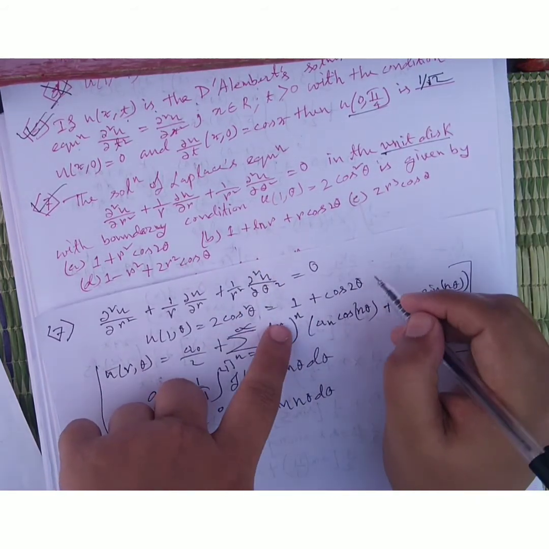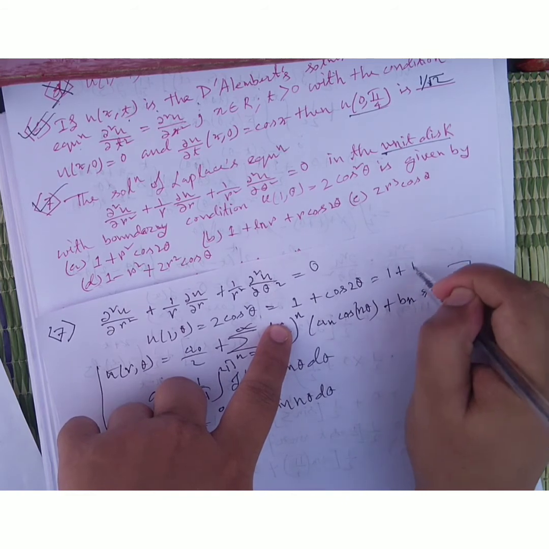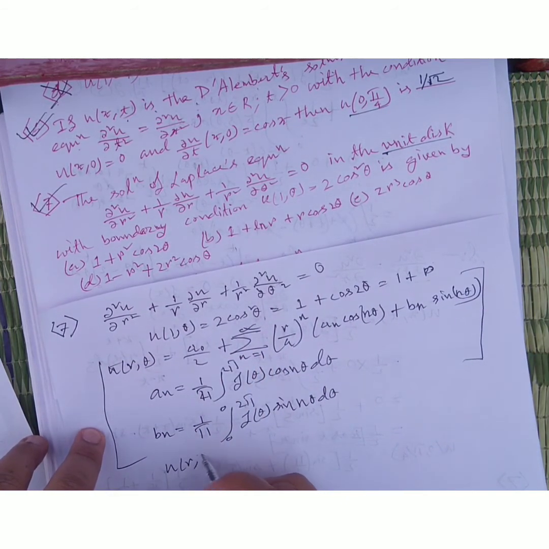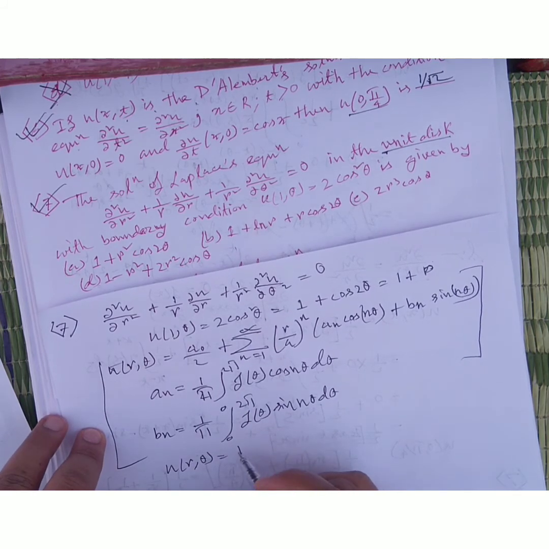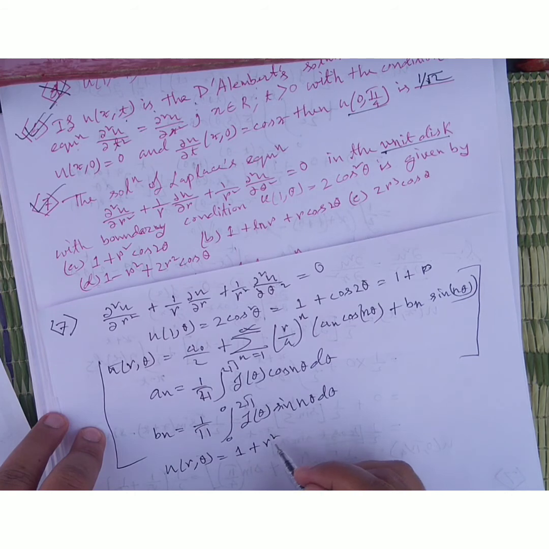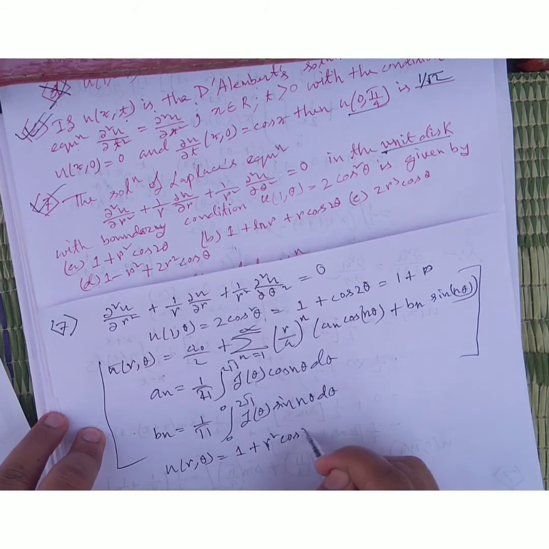unit disk, so it should be 1 plus r square. In case of u(r, θ) it should be 1 plus r square cos 2θ.